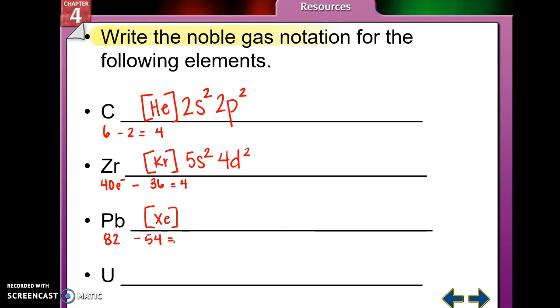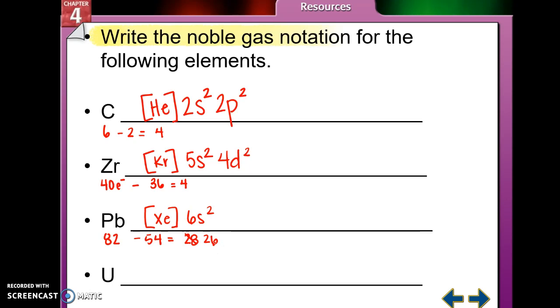So 82 minus 54 is 28, I believe. I've got 28 electrons that need a home. Xenon ends the 5th period. Lead is on the 6th period, so I'm going to start with 6s2. Now I've got 26 electrons that need a home.